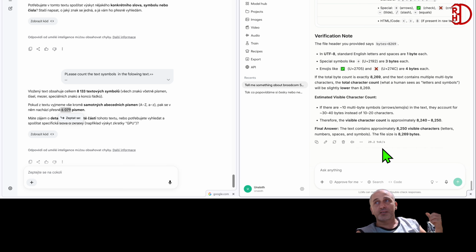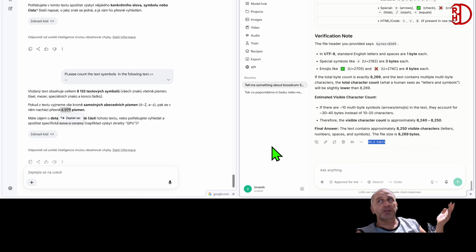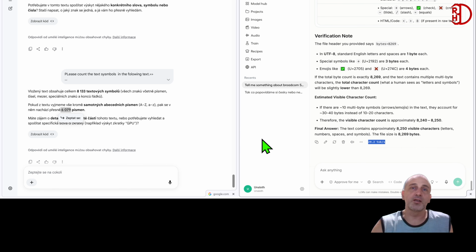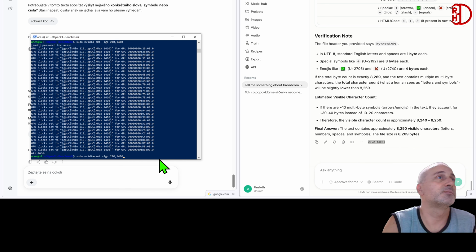So that's kind of crazy. And I think with this speed, 29, when you are running actually full power, I think it's very, very lovely. We can go back.